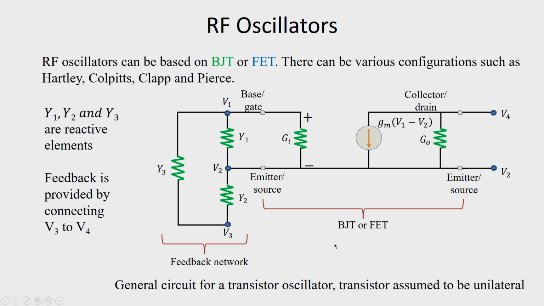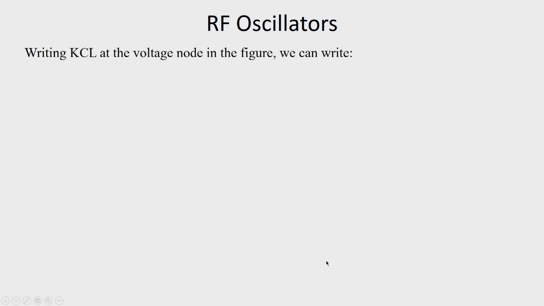So, for this first node, as we have seen, Y3 (V1 minus V3) plus Y1 (V1 minus V2) plus G I (V1 minus V2) equal to 0.